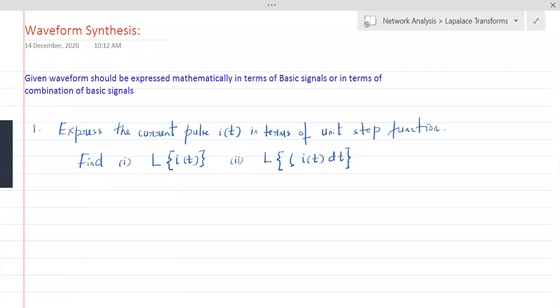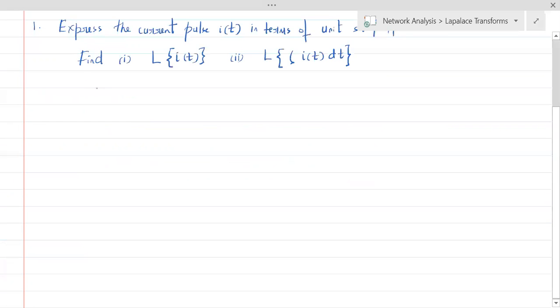Now we shall see how the current pulse I of t looks. Everybody just copy down this. The I of t is what we are sketching now.